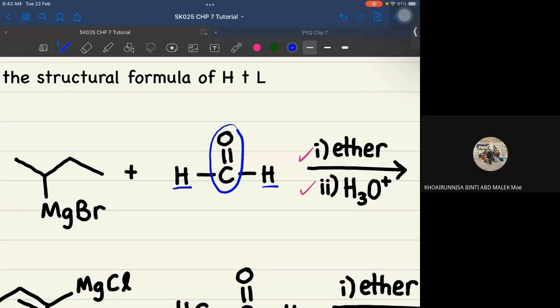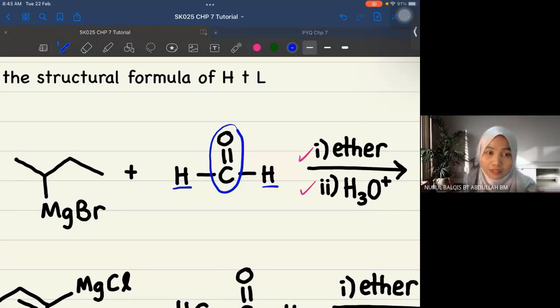Carboxylic acid? Carboxylic acid kena ada 2 O. Sekarang carbonyl group ada 1 O sahaja. Alkohol. Alkohol kita ada berapa classes? How many classes of alcohol do we have?